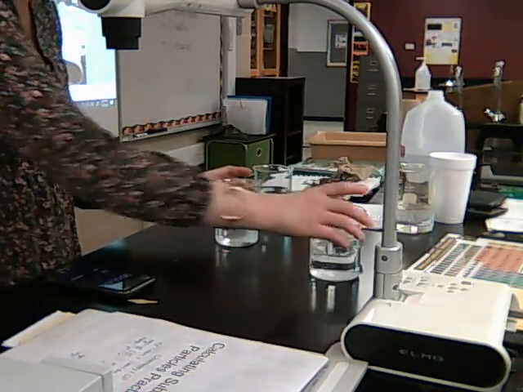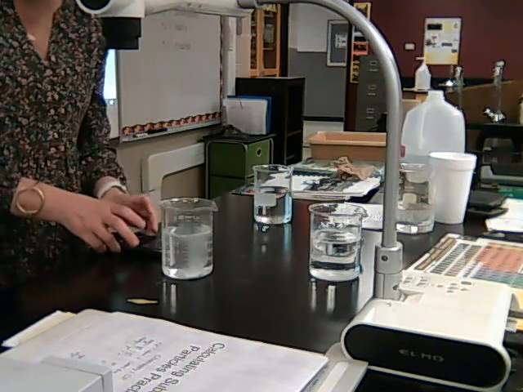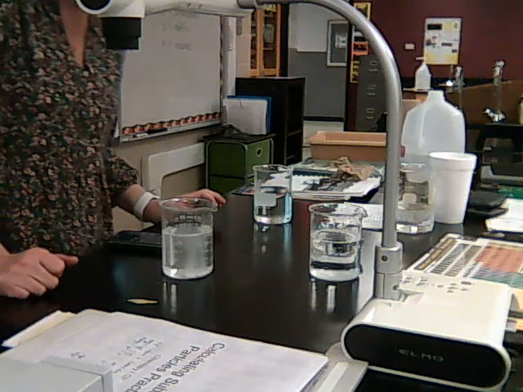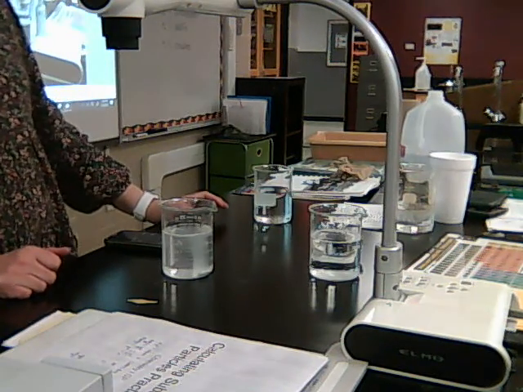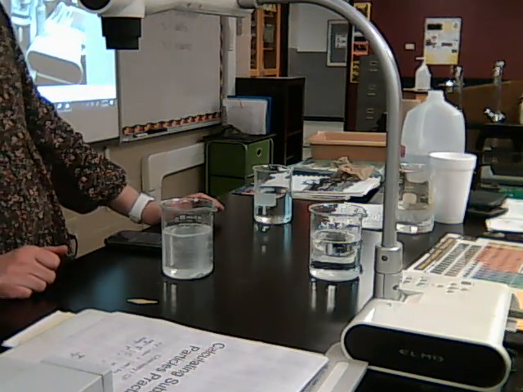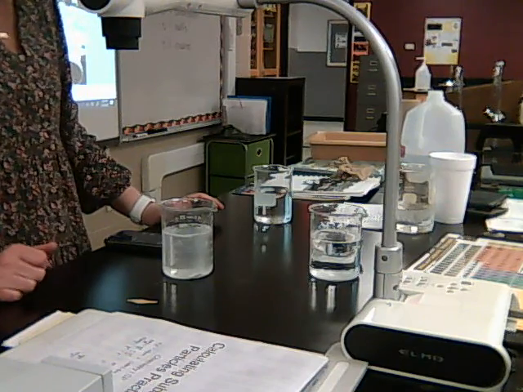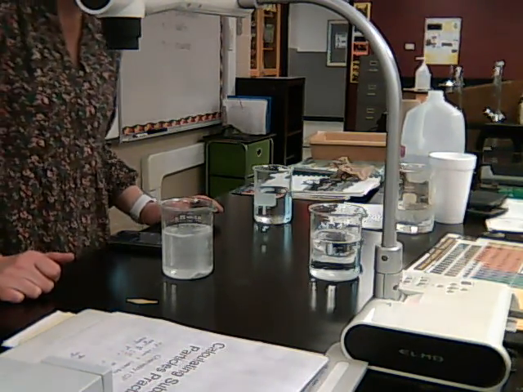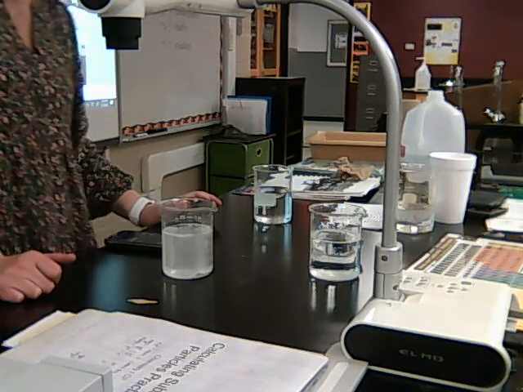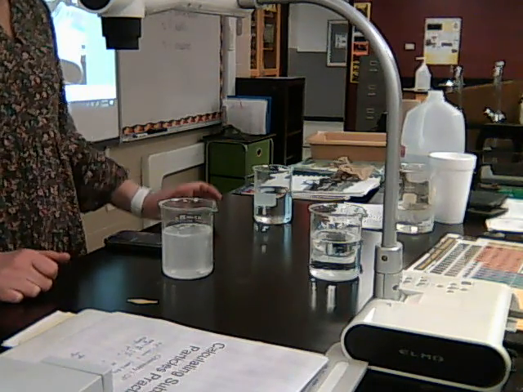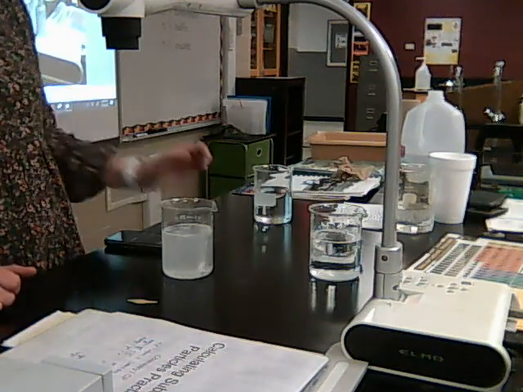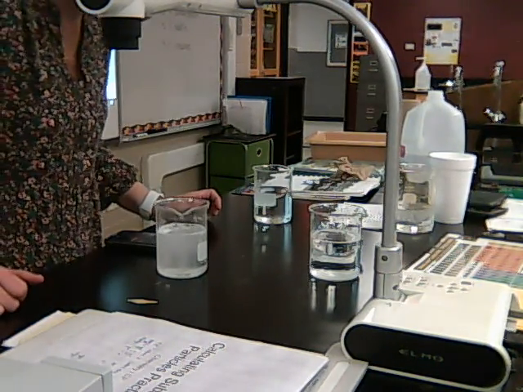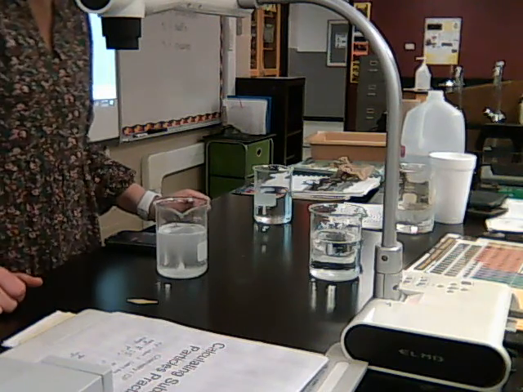Move this out of the way. Move this over where you can see it better. They're at the bottom right now. Okay, now they're floating, or one of them is.